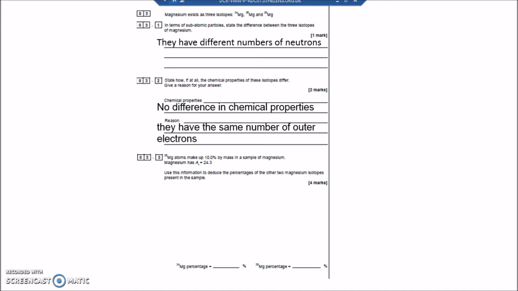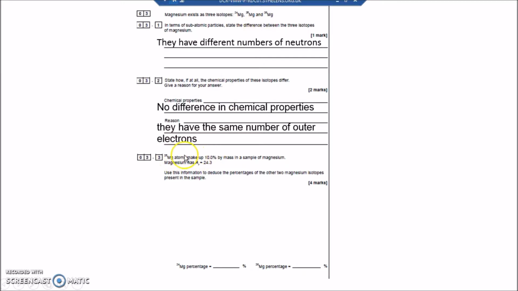Mg25 makes up 10% by mass in a sample of magnesium. Magnesium has an average mass number of 24.3. So the average of the 24 magnesium, the 25 magnesium and the 26 magnesium is 24.3 because they'll be in different amounts.